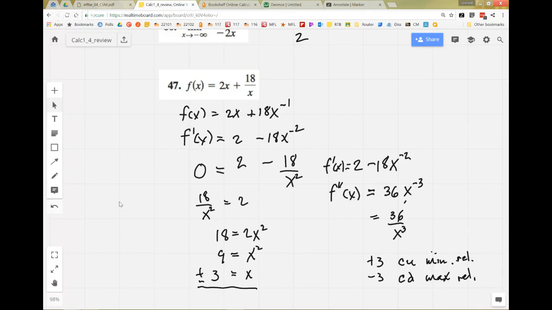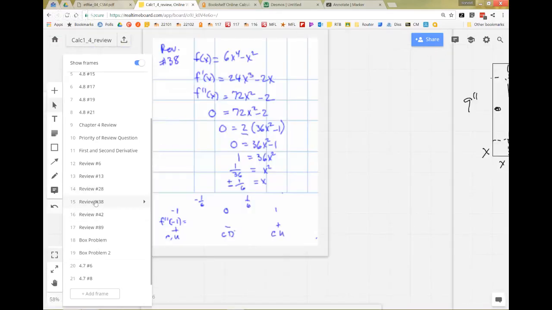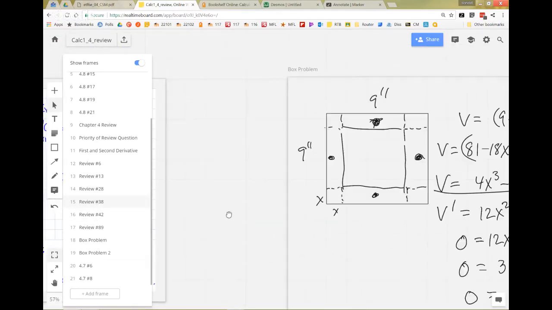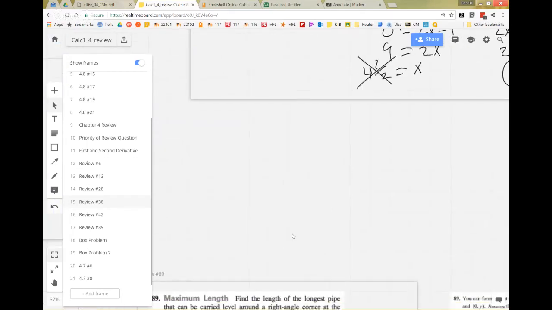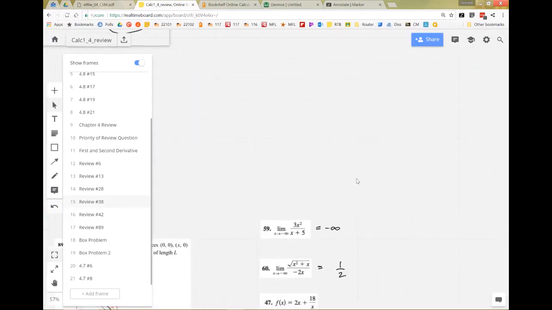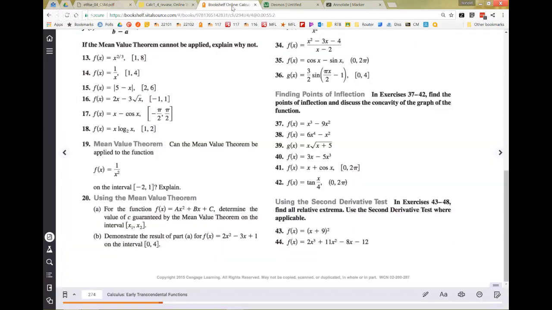All right. So let's go back here. Let's go to 38 so we get in the same vicinity. I won't really be able to get close, so let's just go over here. Okay, number 39. There it is.